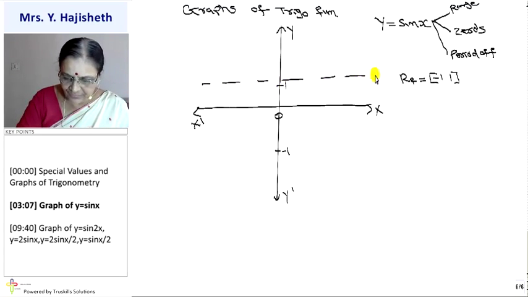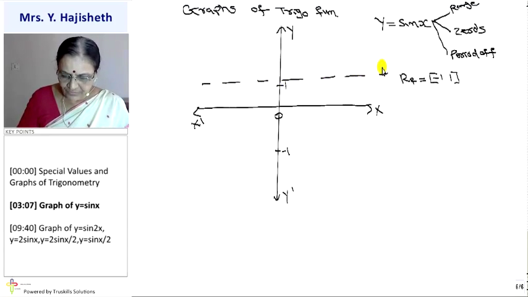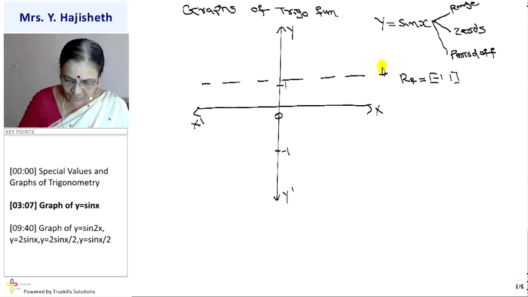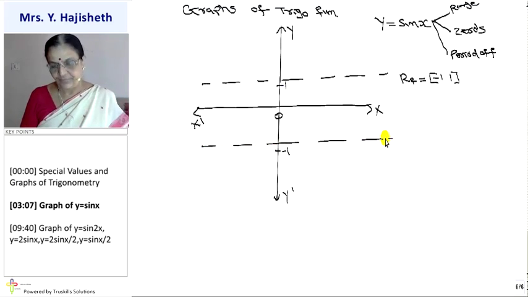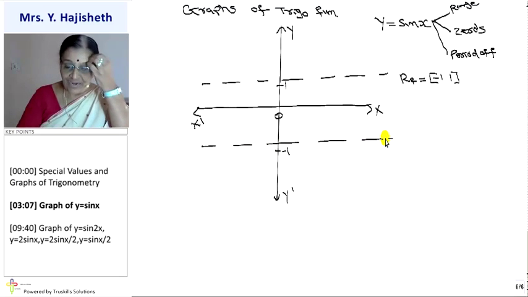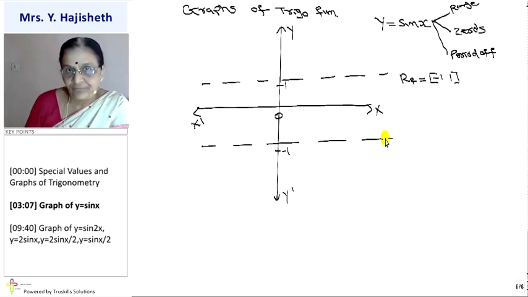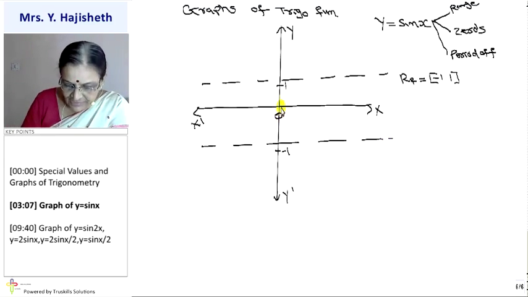My graph should not go above 1 or below -1, okay? Clear? My graph is fluctuating between -1 to 1. Value of y is between -1 to +1.